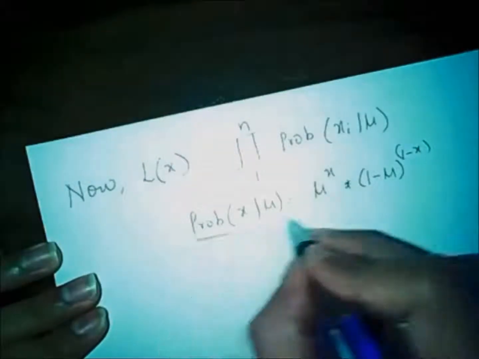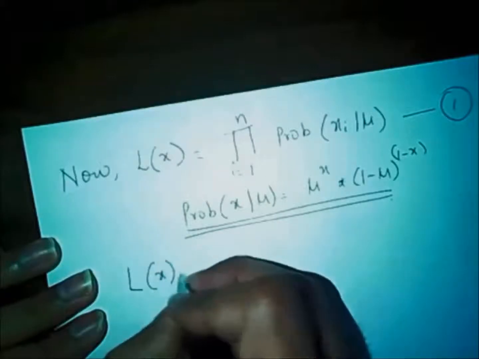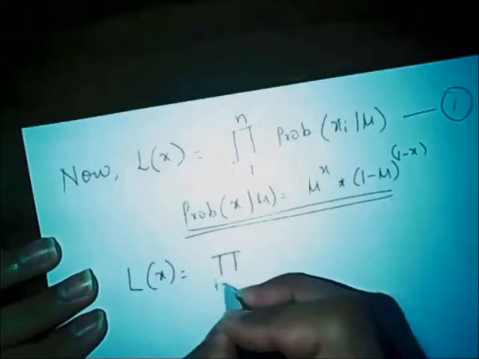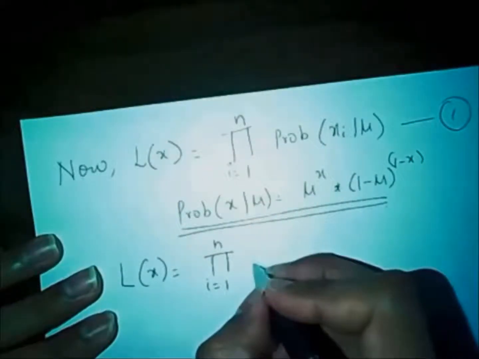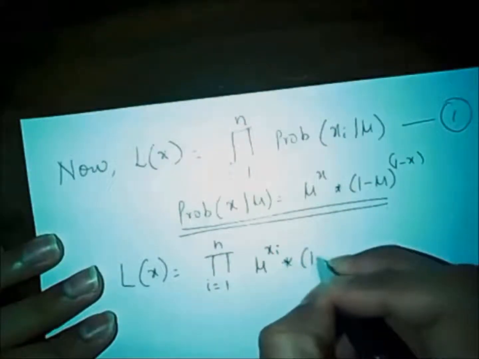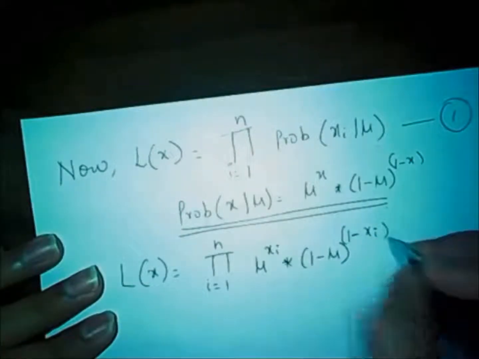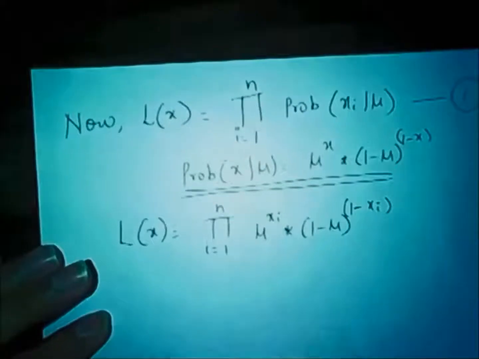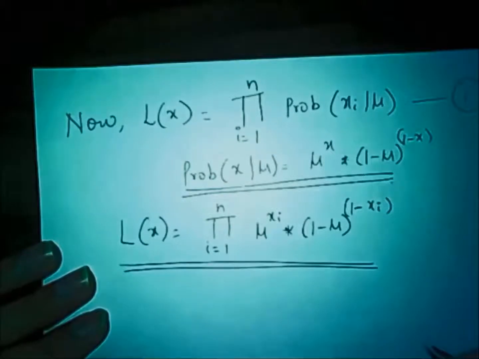So substituting this formula into our equation 1, we get the likelihood function for the Bernoulli experiment that we have done so far.